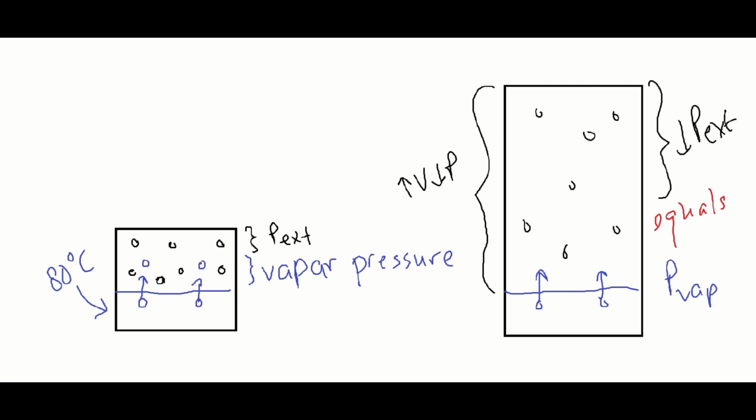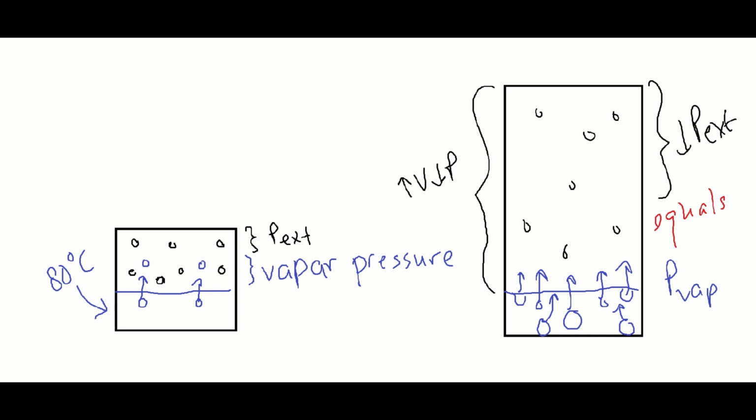And by definition, when the vapor pressure of a liquid is equal to the pressure above that liquid, the external pressure, then that liquid boils. And you saw in our phenomenon that boiling occurred throughout the liquid, not just the surface.